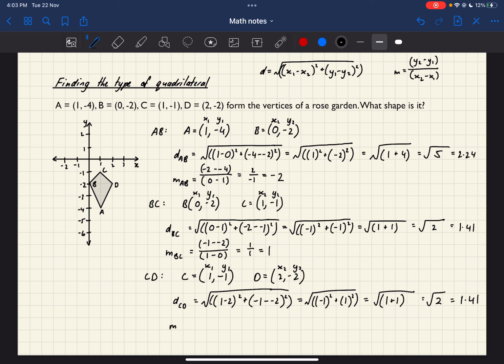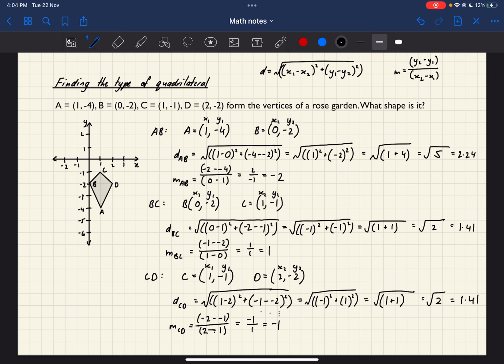Then we've got to do the gradient of CD, which is y2 minus y1 over x2 minus x1, which equals -1 over 1, which equals -1.